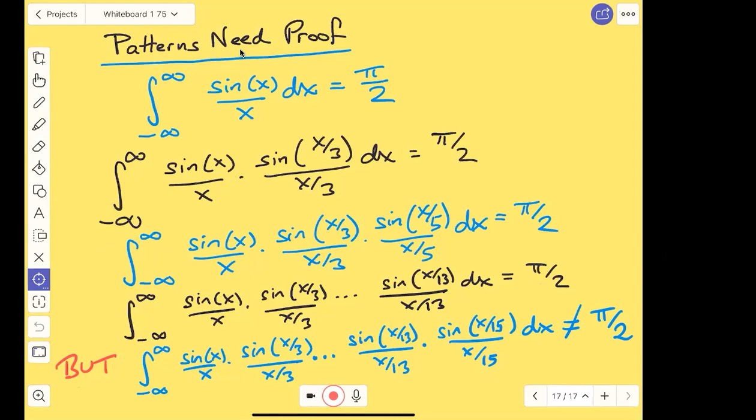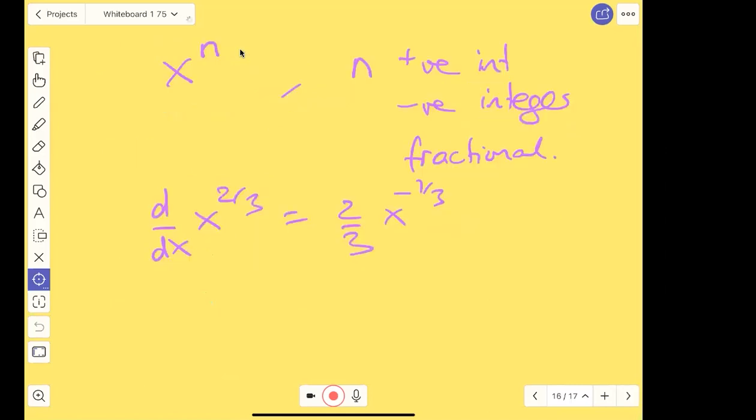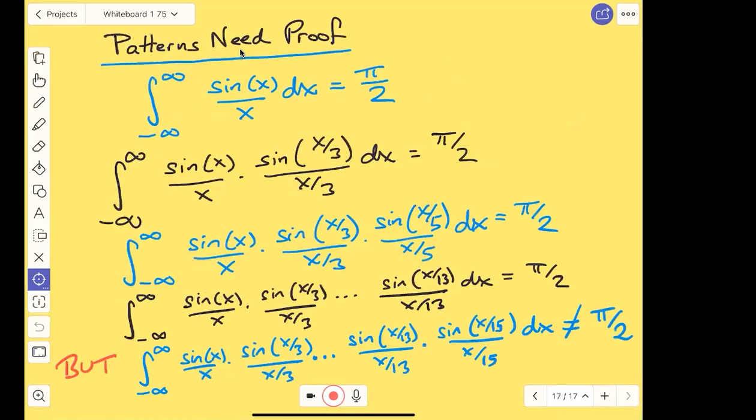And really this comes back to what I said here. Can you rely on a result, and when can you rely on a result? If you try to prove this, it turns out that built into any proof, you have to assume that the numbers here, a third plus a fifth plus a seventh, add up to less than 1.